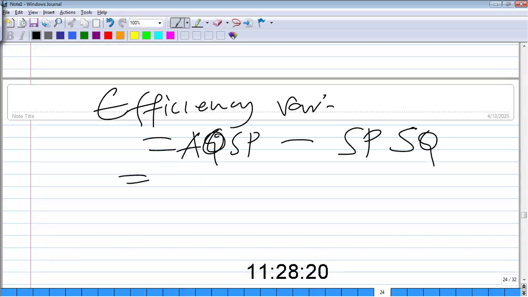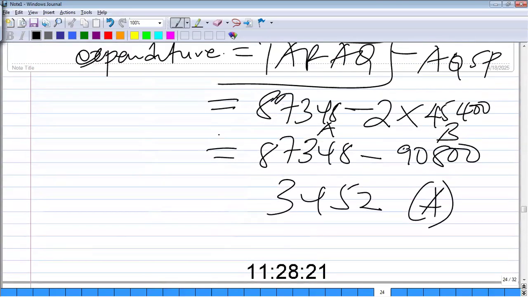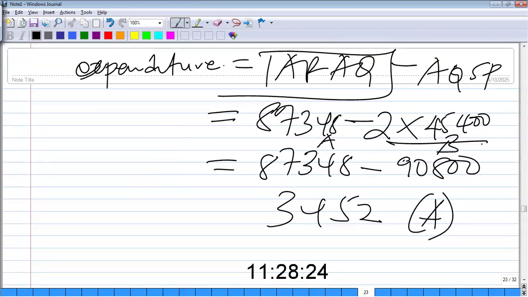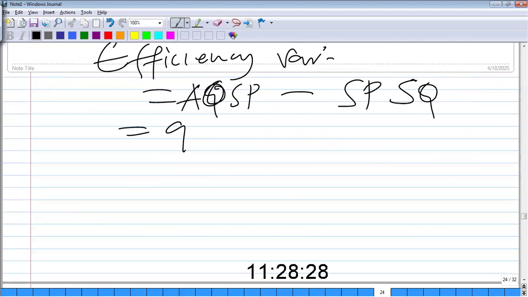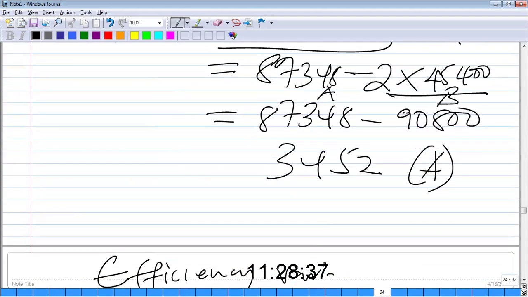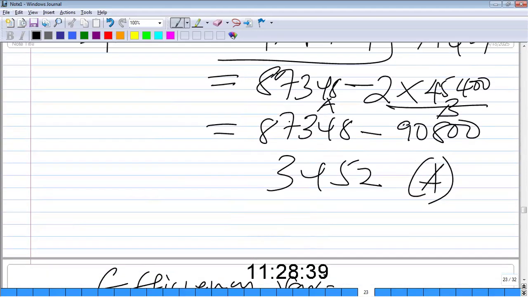So we have AQ SP, we have just calculated it, 2 times 45,400 to get 90,800. What is the standard price?